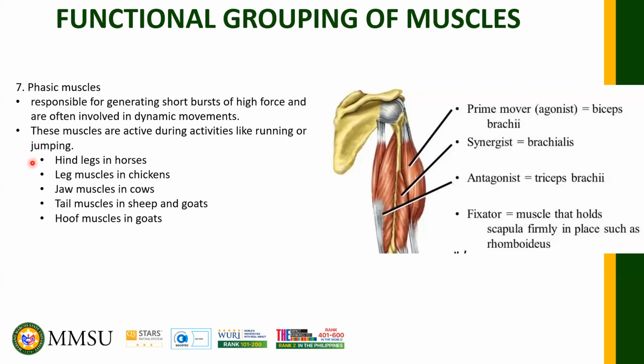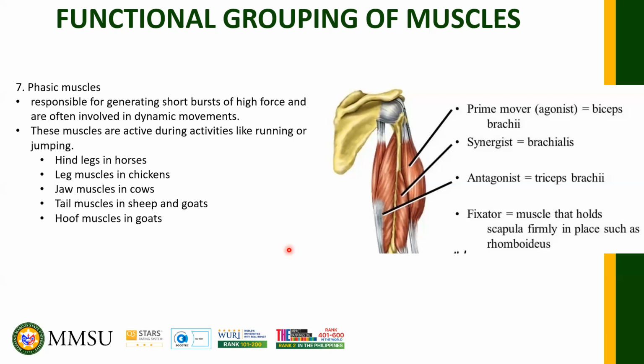So for example, number one, hind leg muscles in horses. The usual powerful muscles in the hind leg of horses, we have the gluteus, G as in Goya. Gluteus, I forgot to write it here.